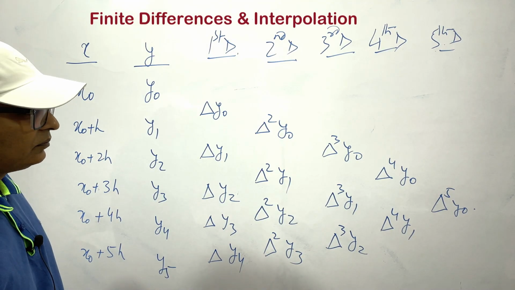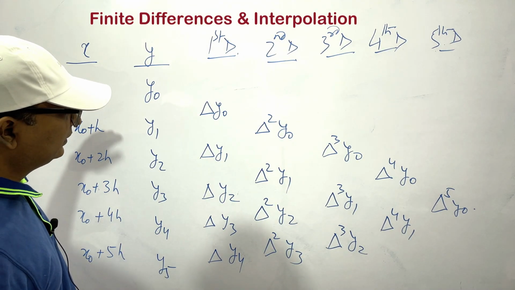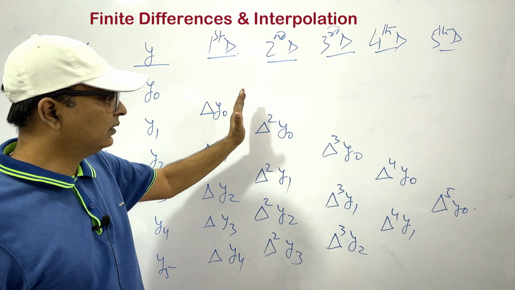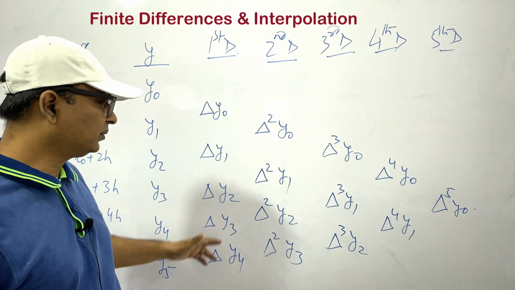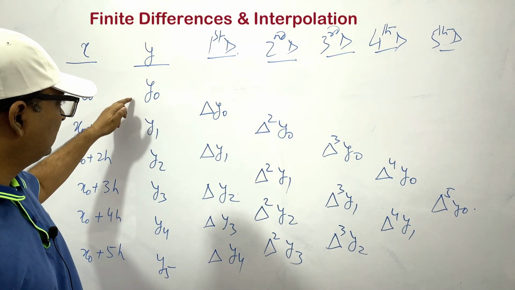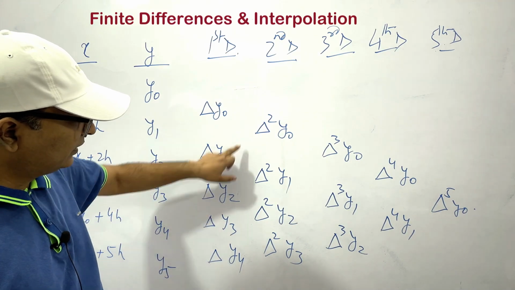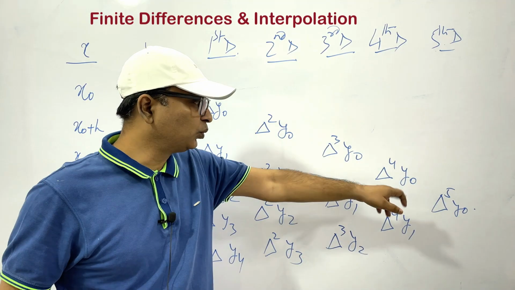Okay. So what do we see? It is reducing. With every forward column, the number of terms is reducing. This has 6 entries. This has 5, this has 4, 3, 2, 1.